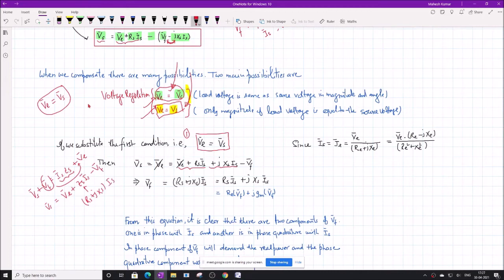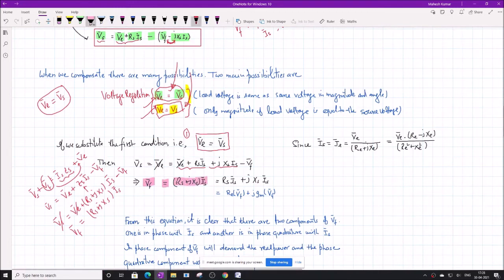So it becomes VL plus this minus VF. This is VS. Now since VS is equal to VL, this will go away, and therefore VF is equal to RS plus jXS into IS.